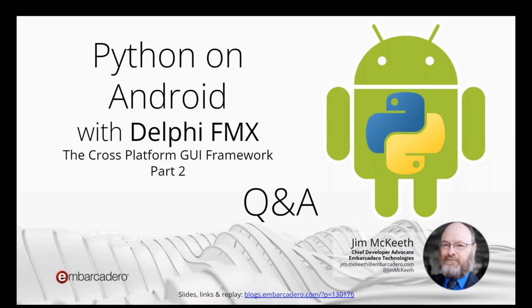Actually, I'm not sure. If you go to the Python for Delphi repository, there are some tutorials in there you can check out that do show some examples of working with threads in more detail. Honestly, I'm not really sure how to answer that, but if you take a look at those other demos, you can see them there and maybe have a better understanding.